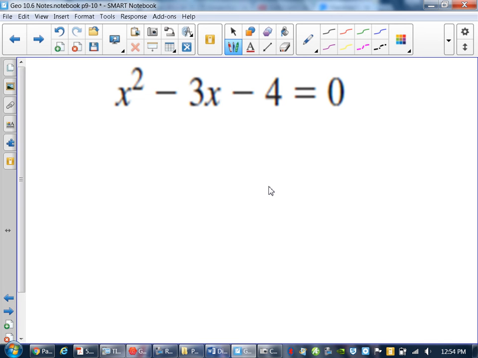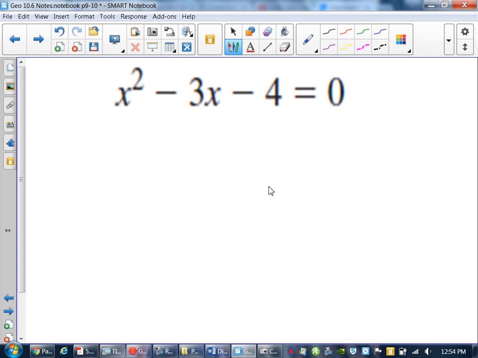When you have a 3rd degree polynomial, that means you can have at most how many answers? 3. If you have a 5th degree, you can have at most how many? If you have a 1 degree, at most how many can you have? 1. The fundamental theorem of algebra, which we talk in length about in Algebra 2, basically tells you you could have as many zeros as the highest degree in the problem.